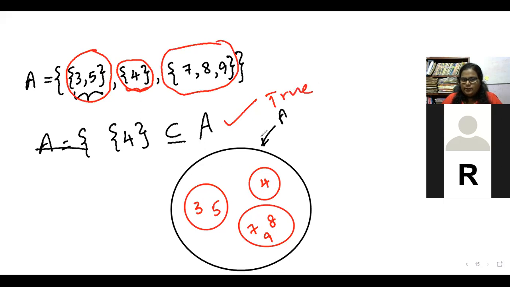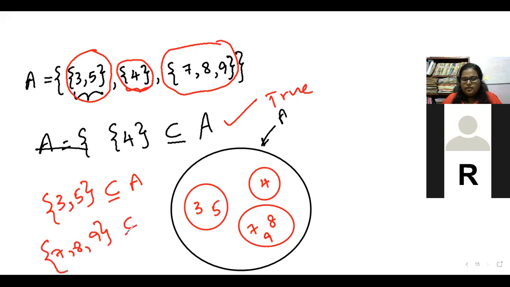And 3 5 is also a subset of this set A. It is also true. And 7 8 9 is a subset of this set A as well. Is it clear for you?